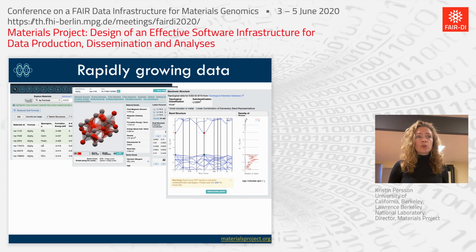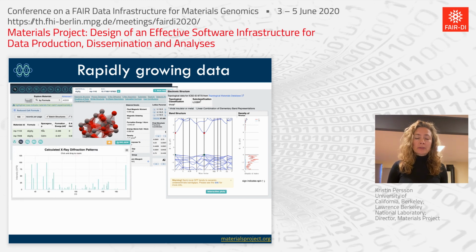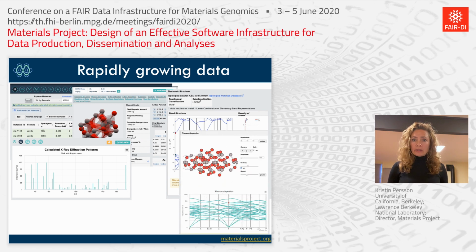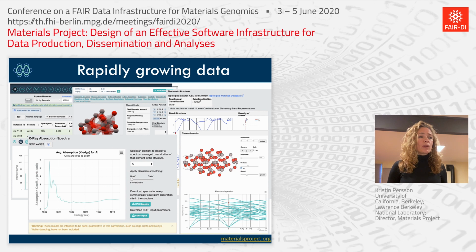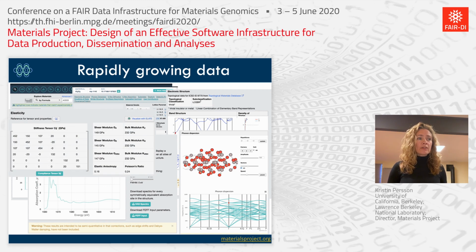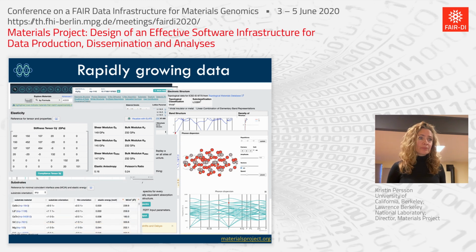We've also been able to import the topological classification of the Princeton Topological Materials database. We have calculated XRDs. We have the phonon dispersion curves that I talked about before, through our collaboration with the University of Louvain, Geoffroy Hautier and Gian-Marco Rignanese. We have the calculated K-edge XANES. We have the elastic tensor.